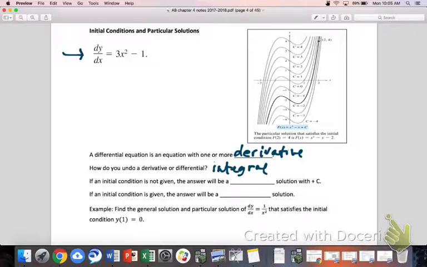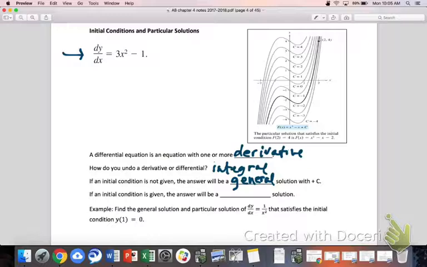So let me fill in a couple of blanks here, and then we'll go back up there to the top, and I'll give you a chance to do one of these on your own. So if an initial condition is not given, so we'll talk about what those are, show it to you here in a second. If an initial condition is not given, the answer will be what we call a general solution. And what characterizes a general solution is the plus c. So if it's blah, blah, blah plus c, that's what we call a general solution.